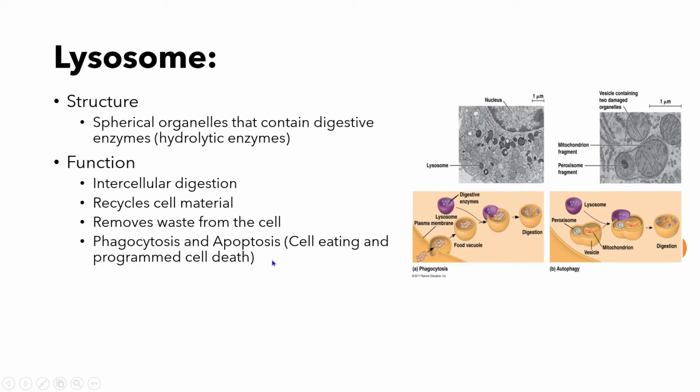Phagocytosis is cell eating. Basically, when the cell sees a foreign substance, it traps that foreign substance in a vesicle or a vacuole, and then the lysosome uses its digestive enzymes to engulf and digest it, which you can see in picture A.